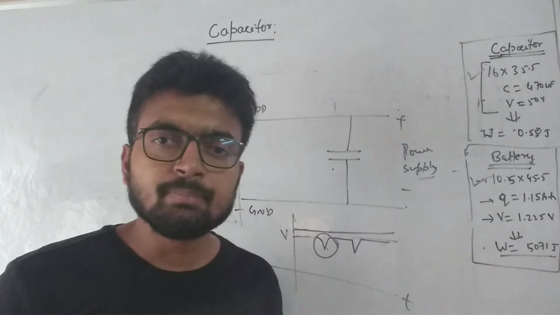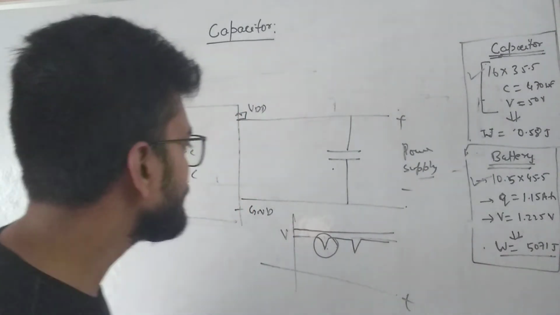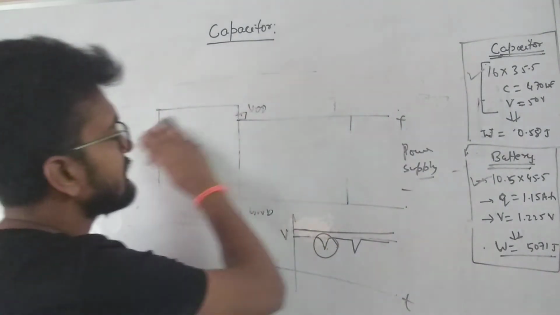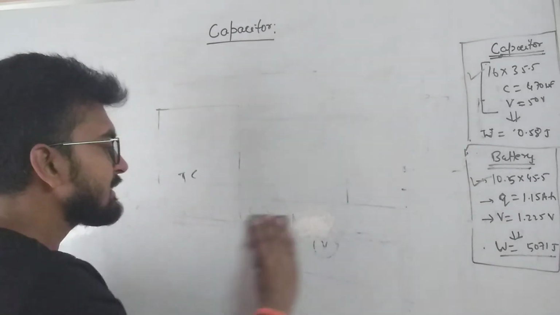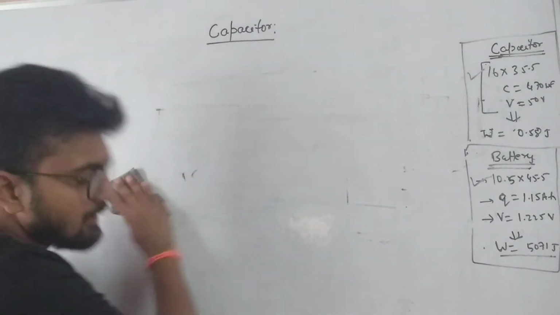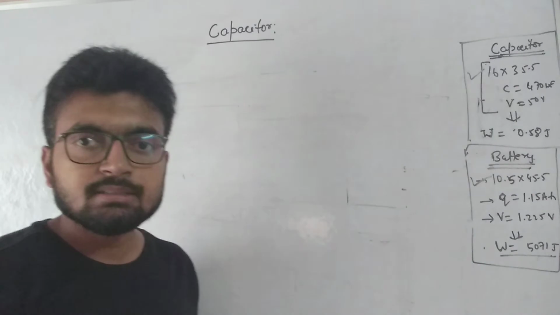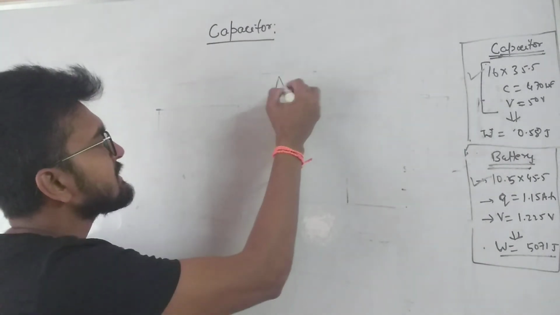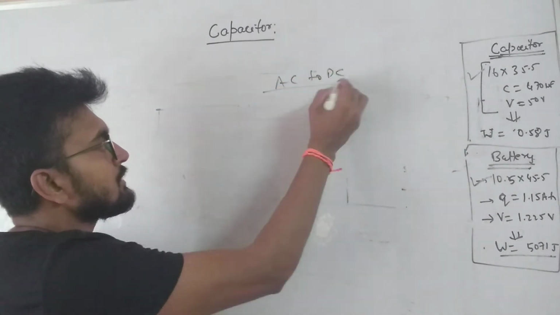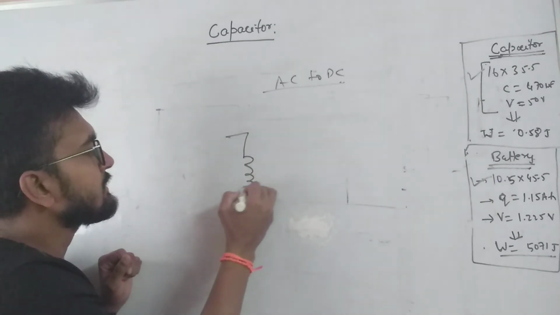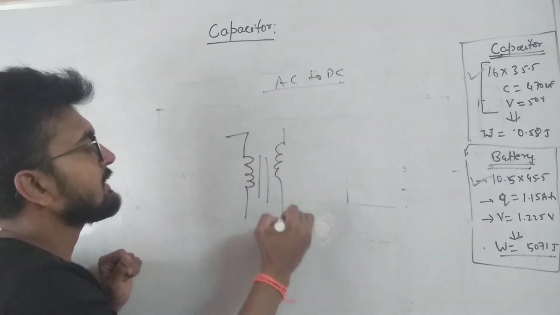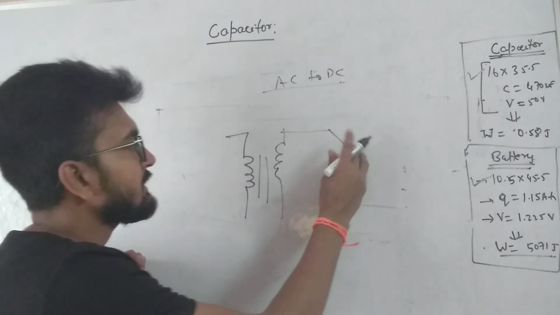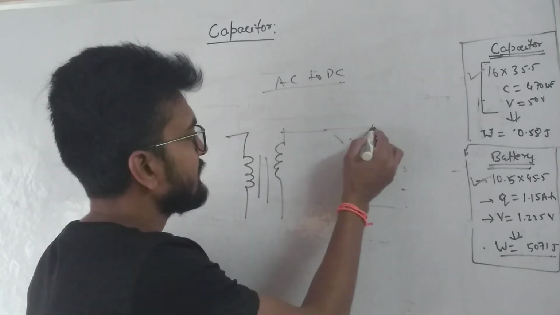Now another application of capacitor is to remove the ripple in electronic devices. Let's consider an adapter or charger. The normal working of the charger is that it converts AC to DC. If you look at the construction, we have something like this, and then you can connect a full wave bridge rectifier.